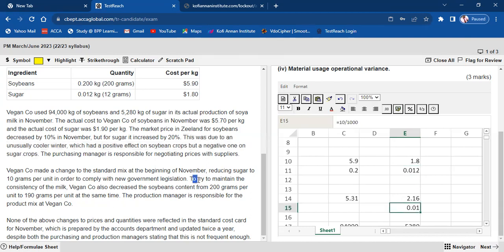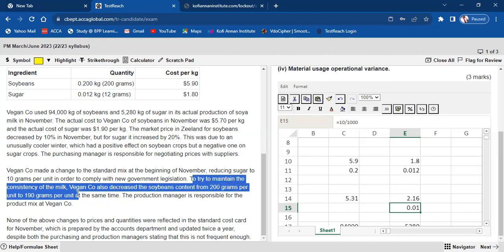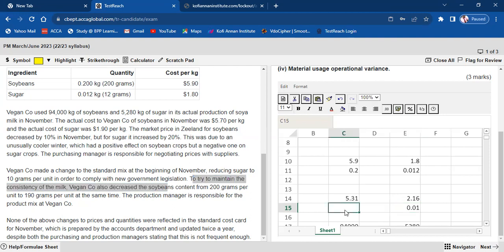To try to maintain the consistency of the milk, Veganco also decreased the soybeans content from 200 grams per unit to 190 grams. So the usage for soybeans also reduced to 190 grams.